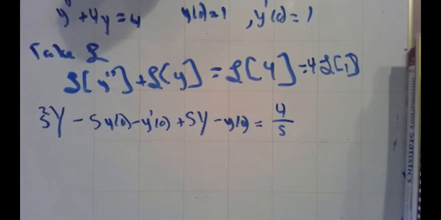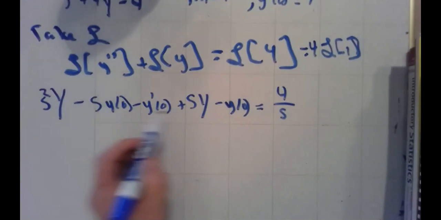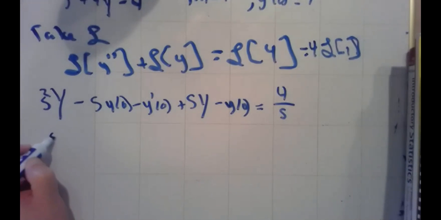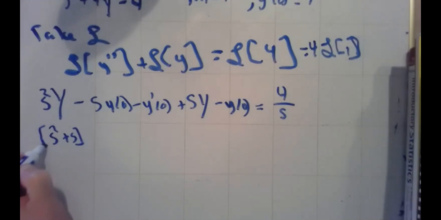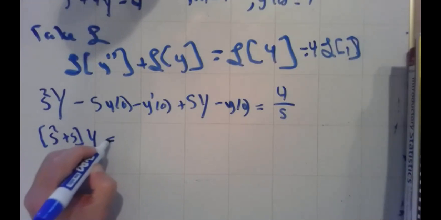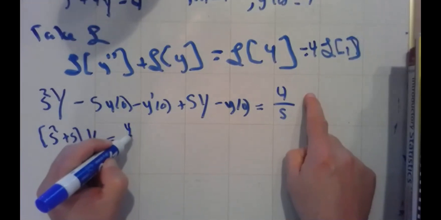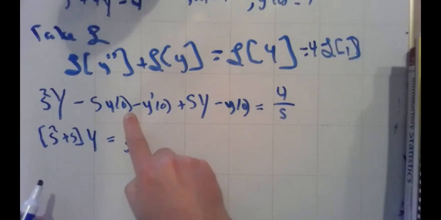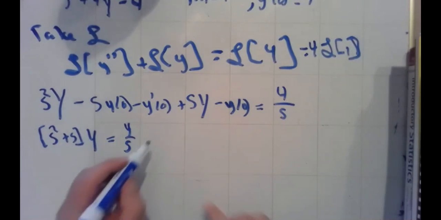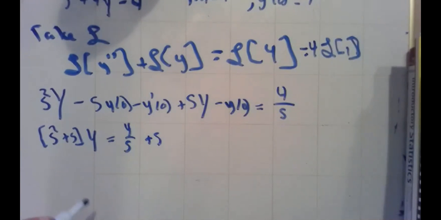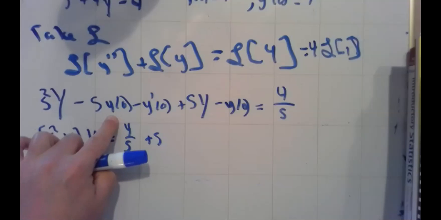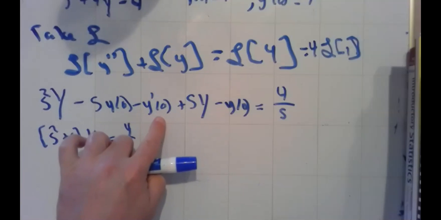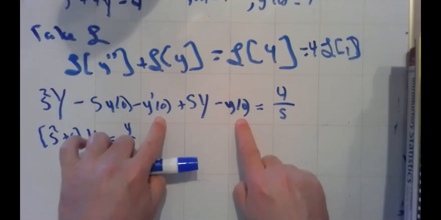Okay, our ultimate goal here is to solve for little y. So we collect all of our big Y's together. I've got (s squared plus s) times Y. That will equal 4 over s plus s, because y of 0 was 1, plus 2, because both of those were 1.